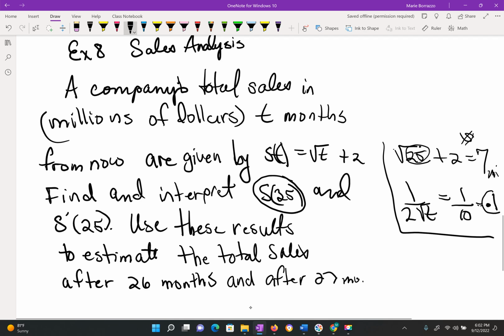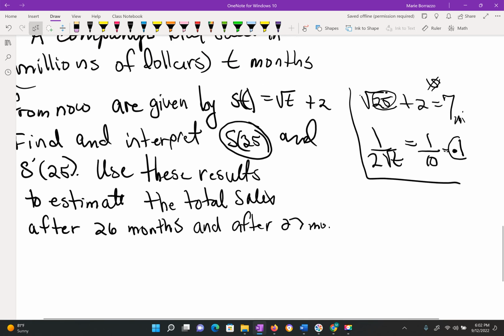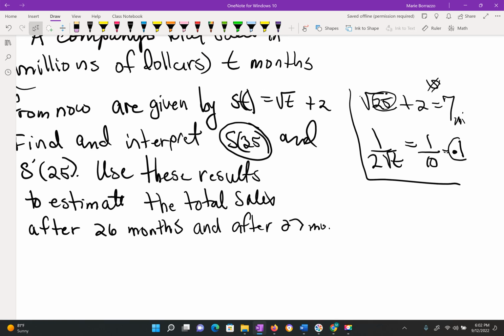Now, if this instantaneous rate of change of sales remains constant, the sales will grow to 7.1 million after 26 months. Let's find out. Do the math. So 25 months, I'm at 7 mil.